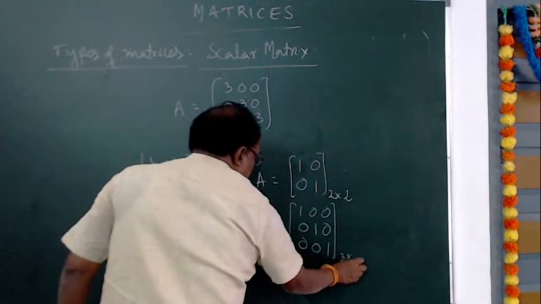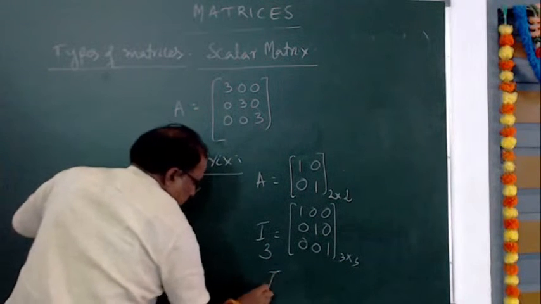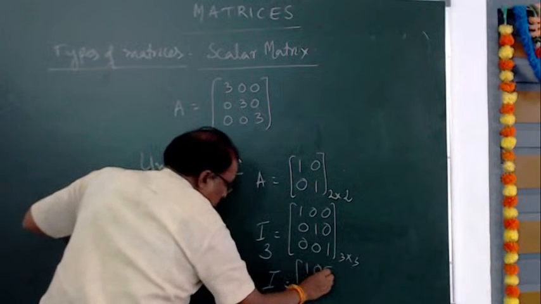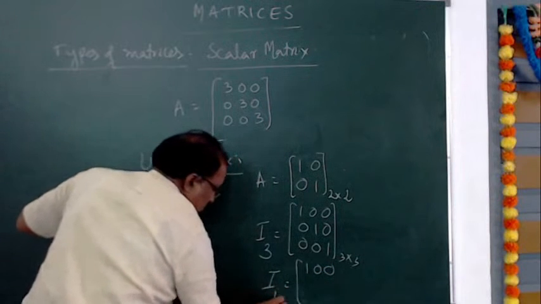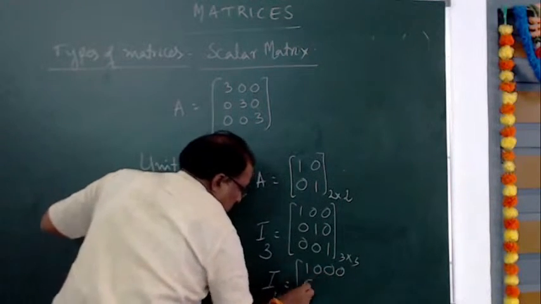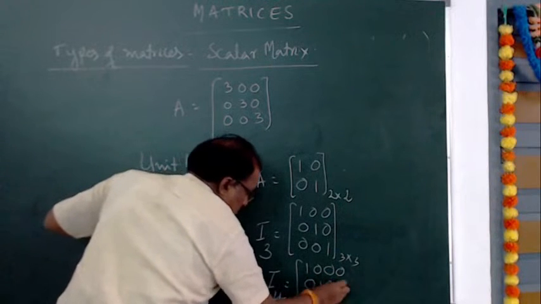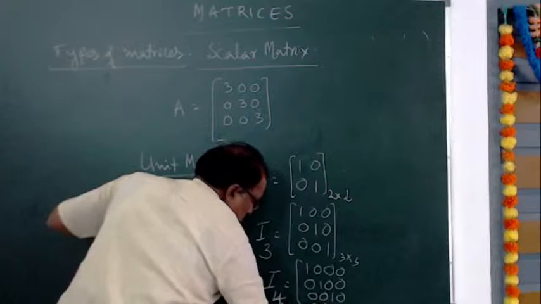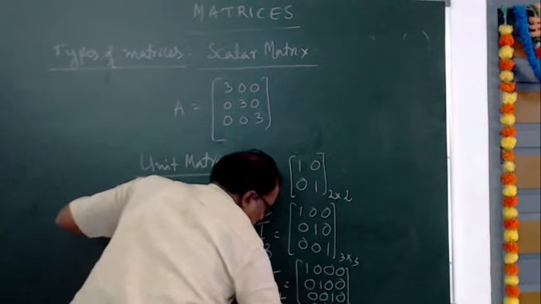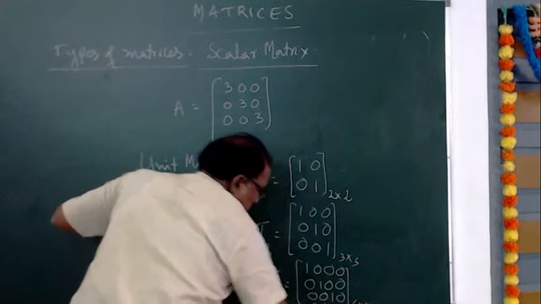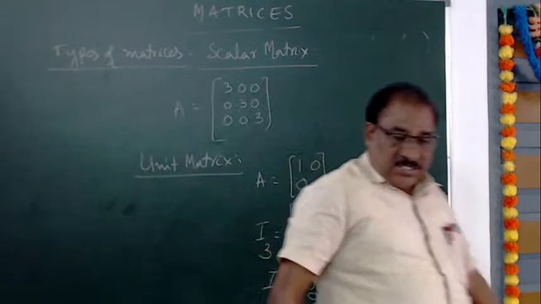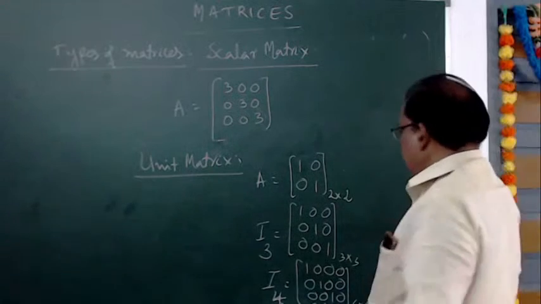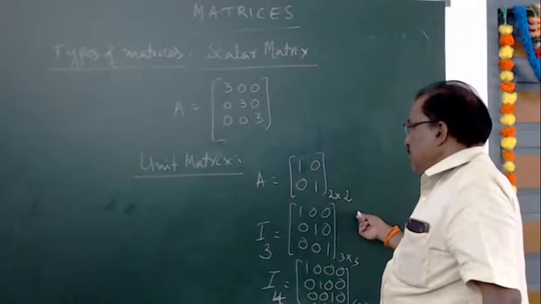This is also a square matrix. This is called the unit matrix or identity matrix.